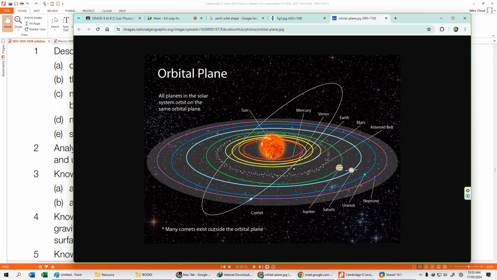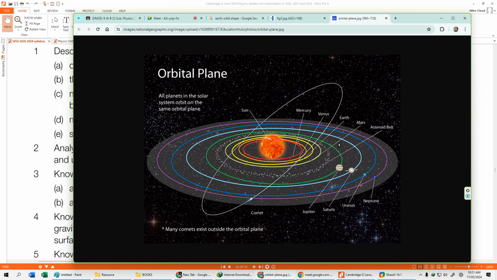And the comet would be something that does not have a path aligned with the orbit of the planets, but it is definitely slightly tilted, which means it passes through the orbit of certain planets every once in a while. So it cuts through the orbital plane of the planets and then goes around in a very elliptical orbit.